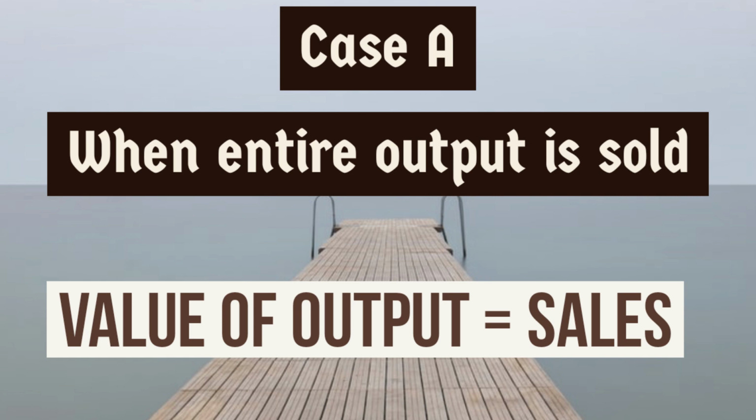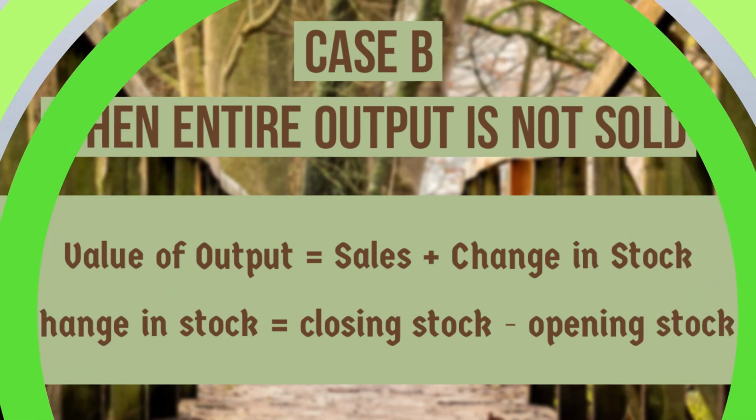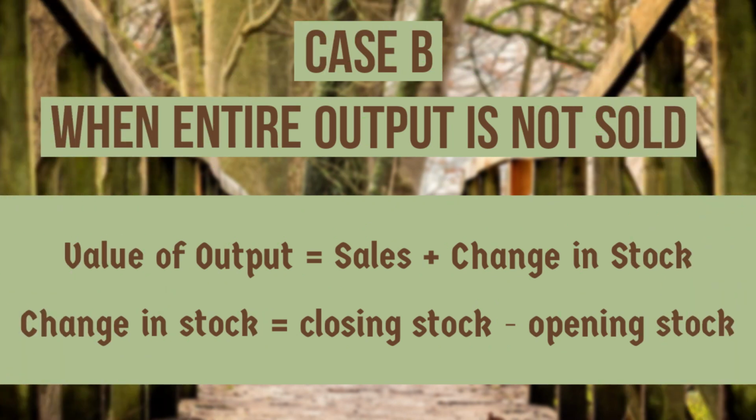It means whatever you have manufactured is sold in the market, so your value of output will be equal to sales. And the second case is when entire output is not sold. It means our entire production is not sold and some stock is there with us. So value of output will be equal to sales plus change in stock. Change in stock refers to closing stock minus opening stock.